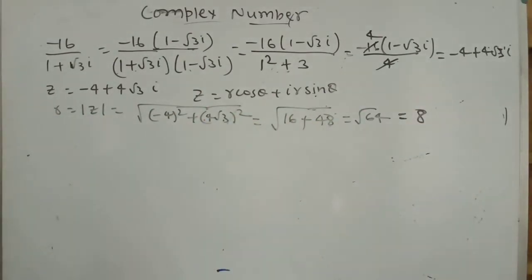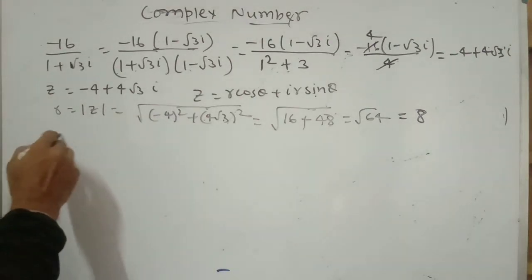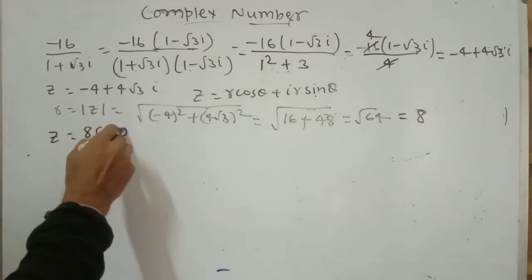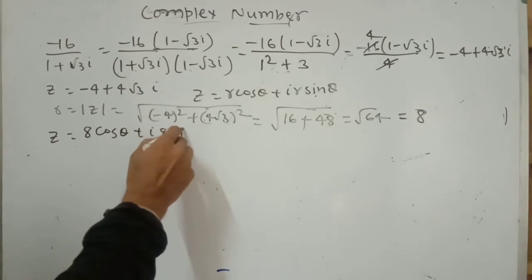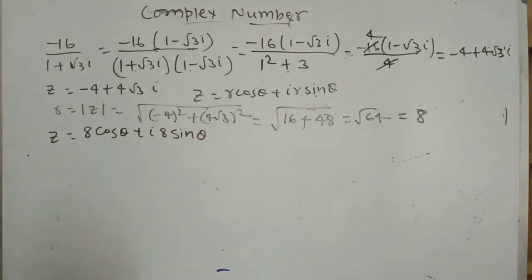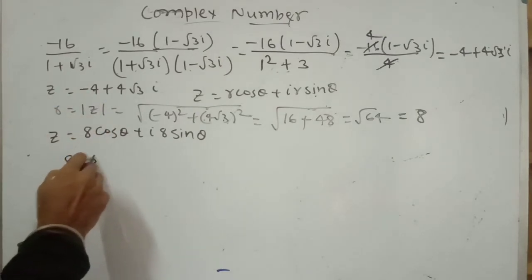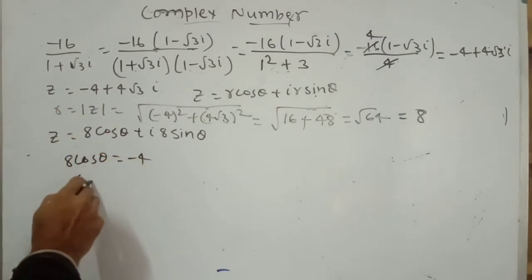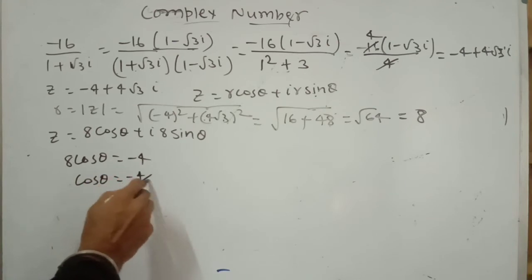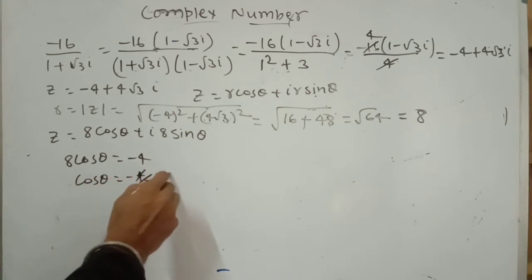So you can write z equal to 8 cos theta plus i 8 sin theta. And when you compare this, 8 cos theta equal to minus 4. So cos theta equal to minus 4 by 8, that is equal to minus 1 by 2.